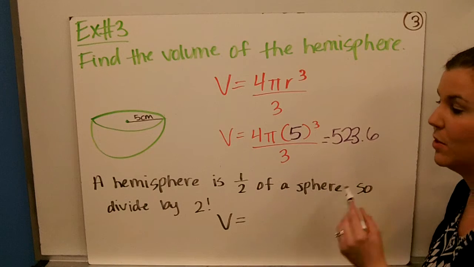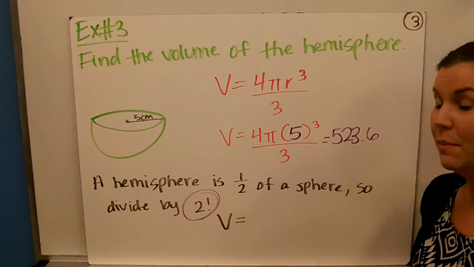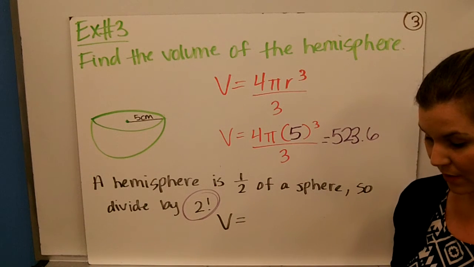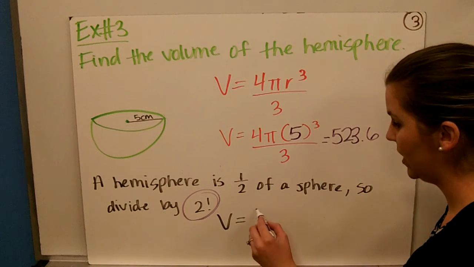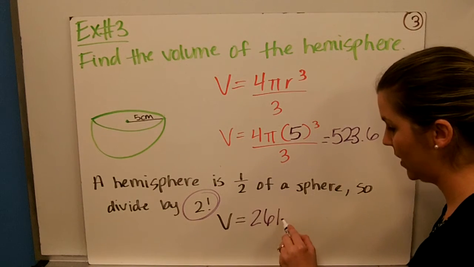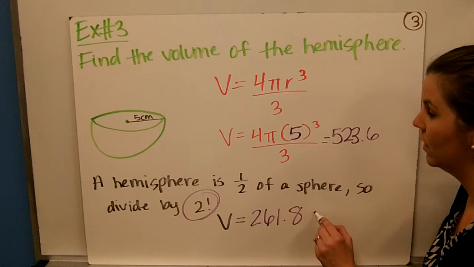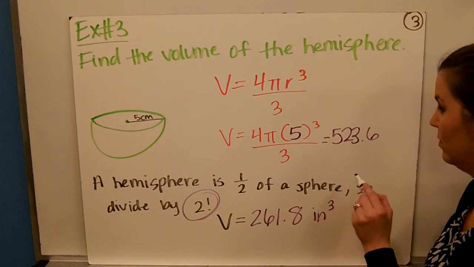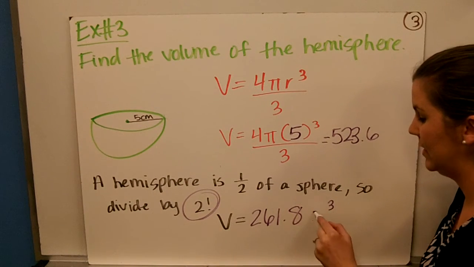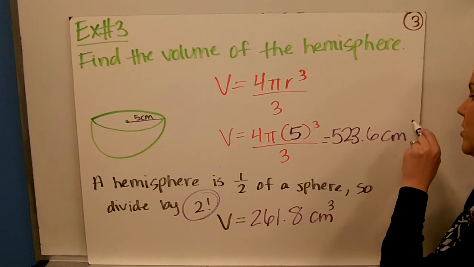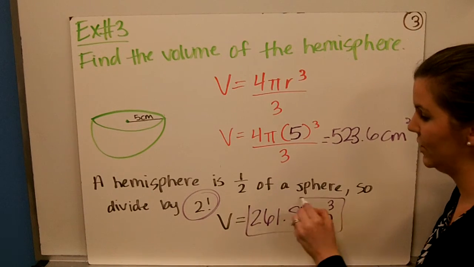Now we're going to take this number and divide by 2 because we only want half of the sphere. So you get 261.8 inches cubed. Oh, sorry, centimeters cubed. This one was centimeters cubed also. And that's your final answer.